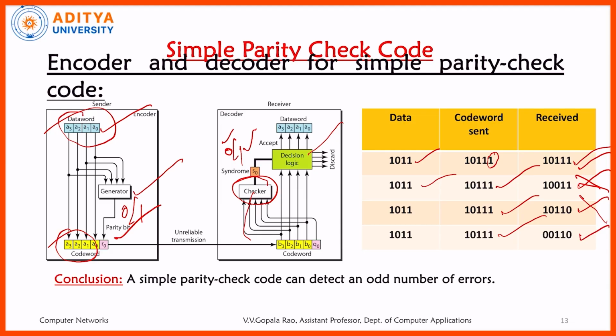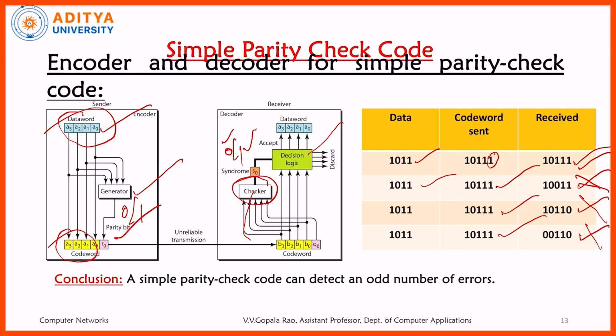Unfortunately, the number of ones here is 2, which is even. So, the syndrome value in the checker will be 0. Unfortunately, the decision logic allows the receiver to accept this as correct data. So, the data is unnecessarily taken into consideration, but unfortunately it is wrong data.